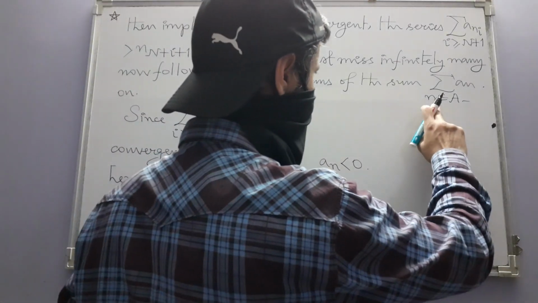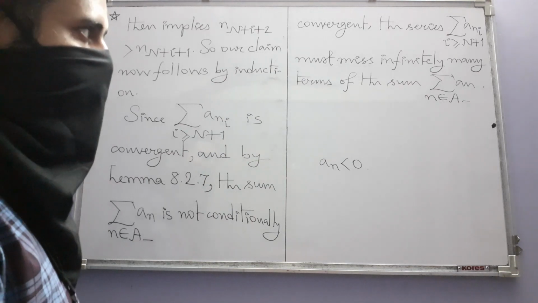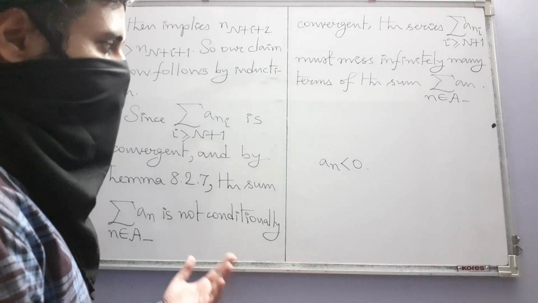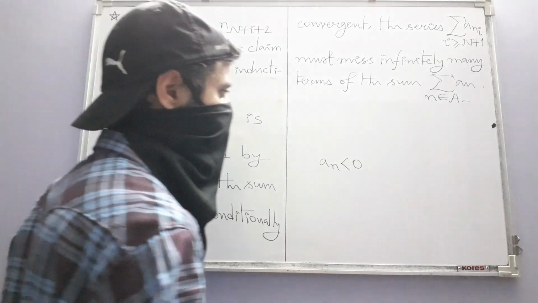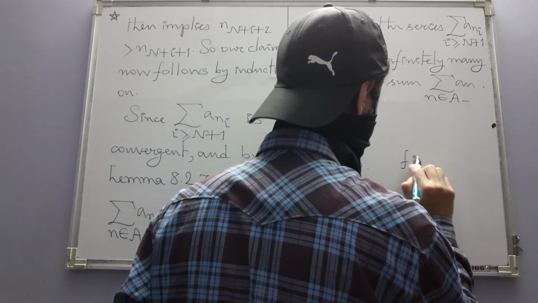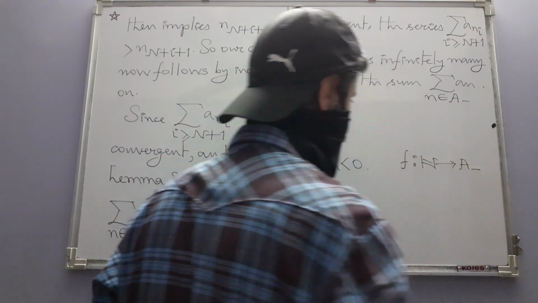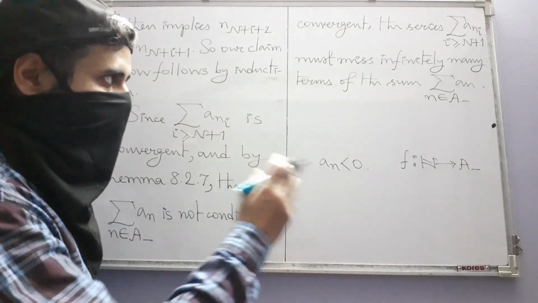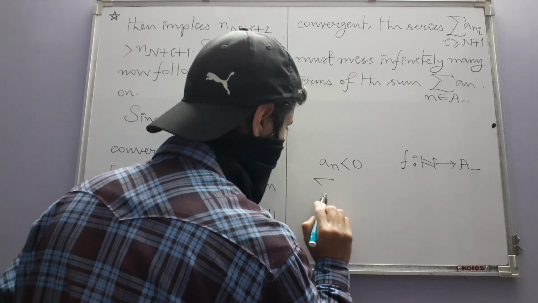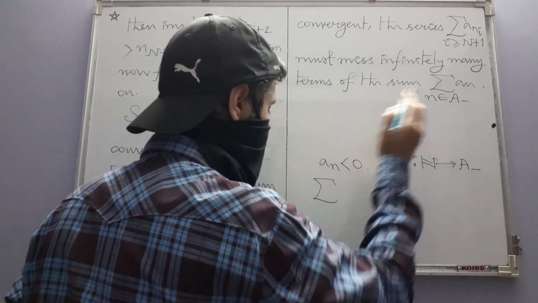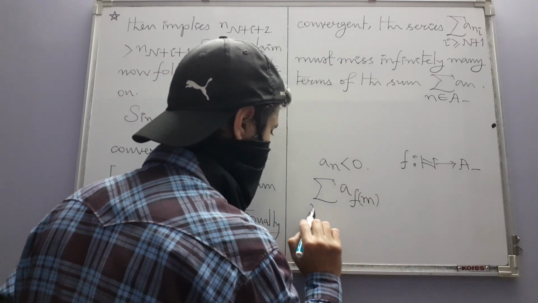Since it's just a sum, if you want to say that it is convergent, you can only say that using some sort of bijection. First, you consider some bijection between N and A minus that will turn this sum into an infinite series.